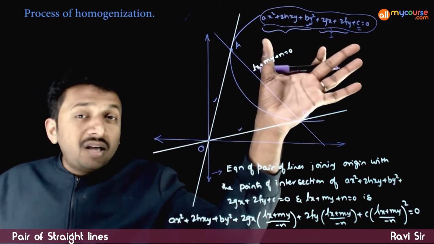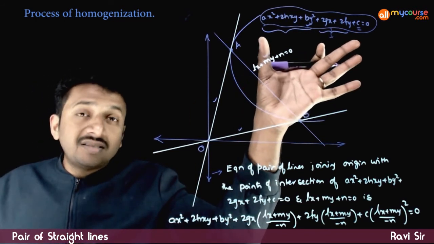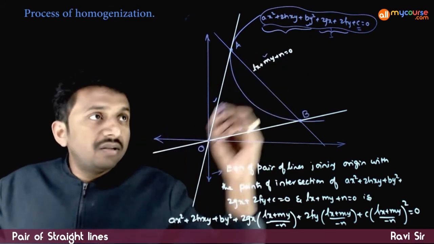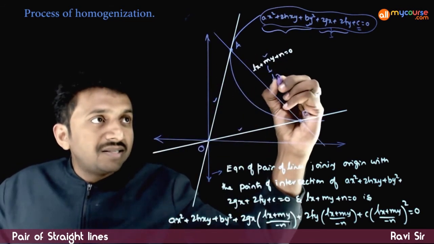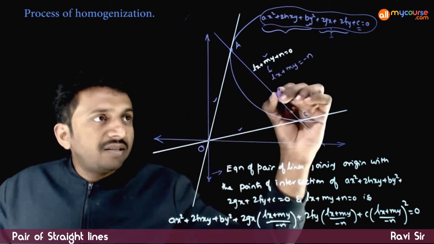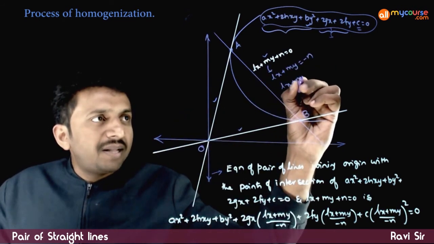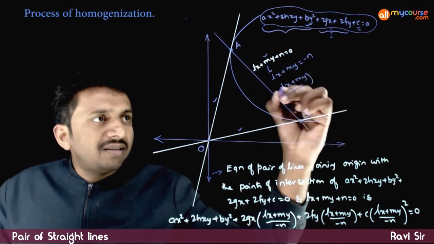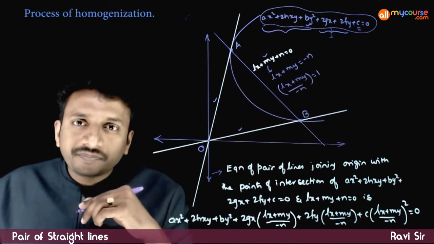Now, how do we homogenize this equation with this equation? For the straight line, you can see that lx plus my is equal to minus n. So (lx plus my) by minus n is equal to 1.